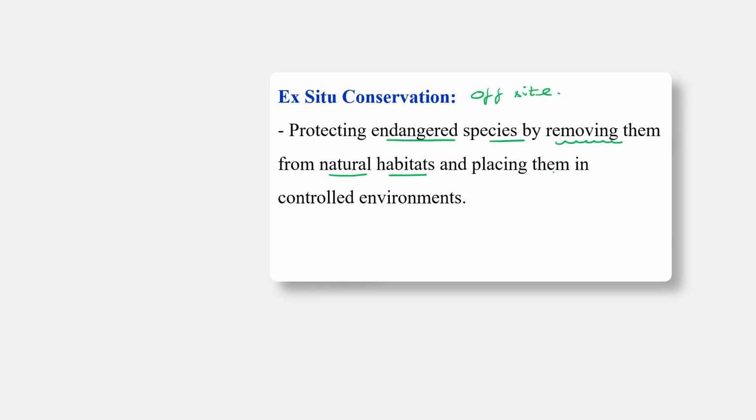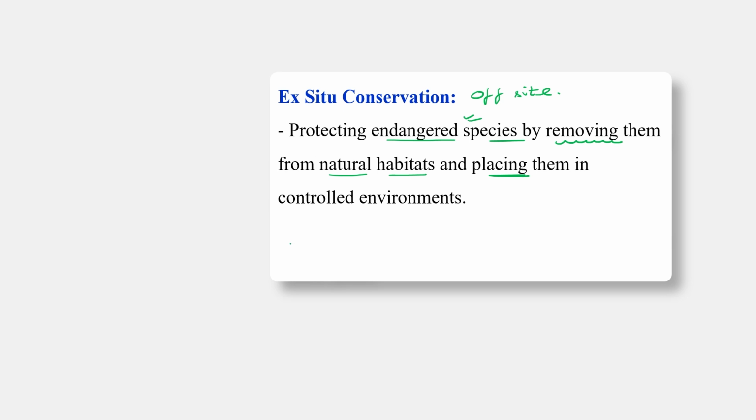If the number of a particular endangered species declines so much, then sometimes we remove that species from its natural habitat and place it in a controlled environment, like a zoological park, which is man-made but provides all kinds of natural things so that the endangered species feels comfortable, under controlled monitoring of veterinarians and wildlife specialists.